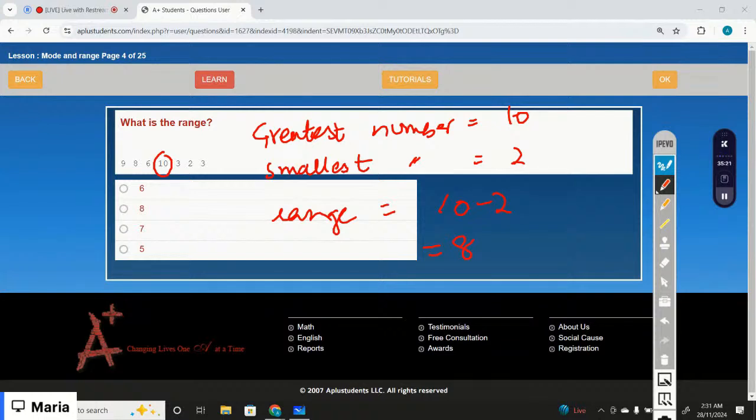So the range is 8. So the correct option is 8. Option number 2 is the correct option.